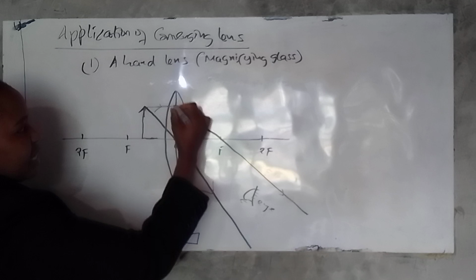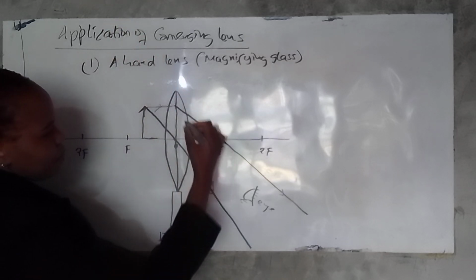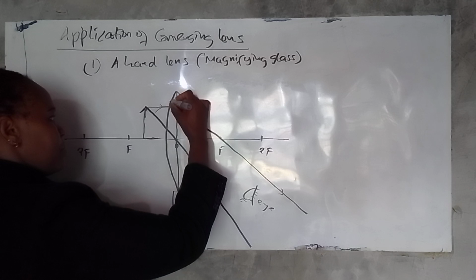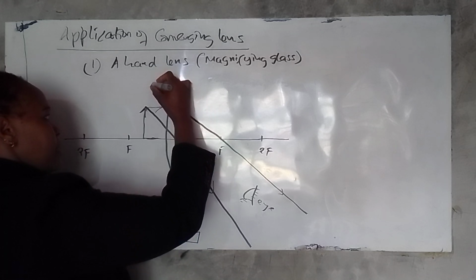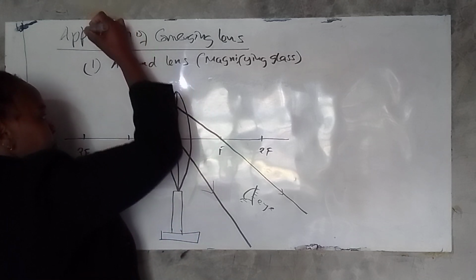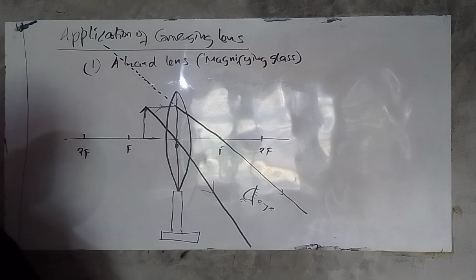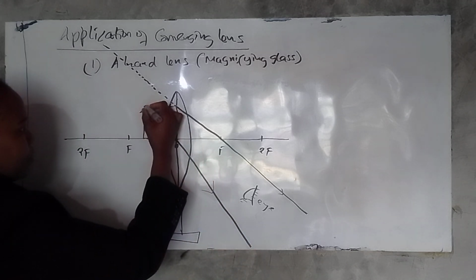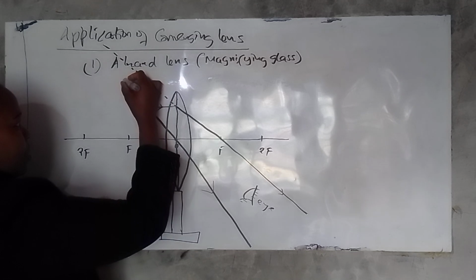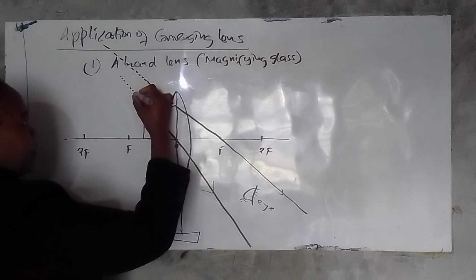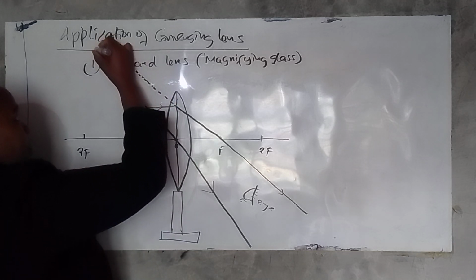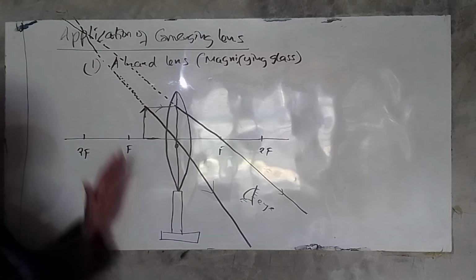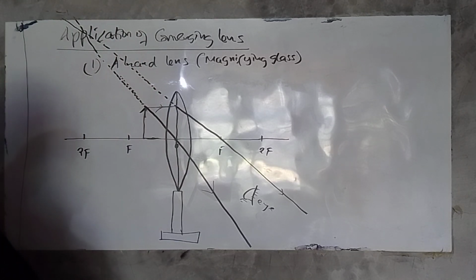Your eye will see a straight line, so you have to produce this line backwards. It should be a straight line produced backwards, and this ray here should be produced also. So you see where my rays meet, they meet at that point.